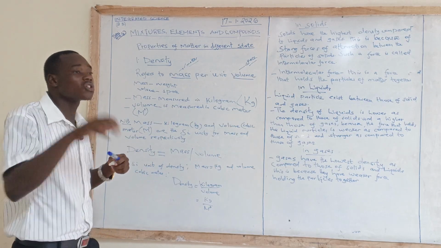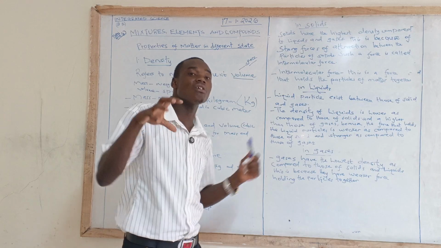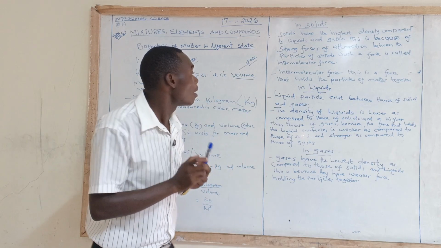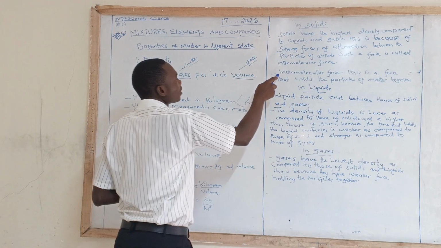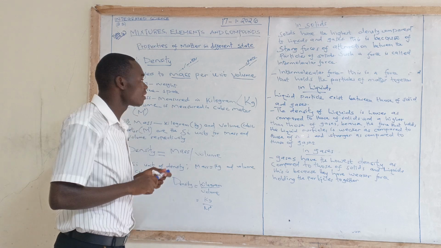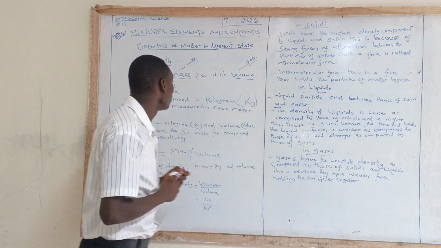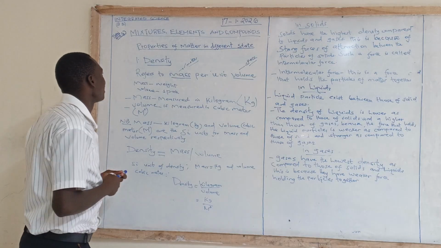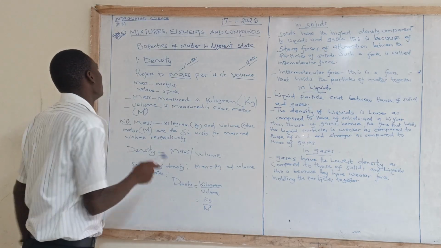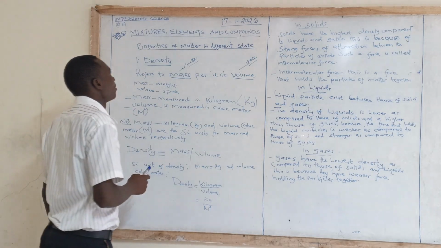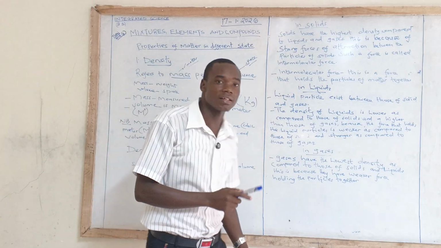So you realize that stone particles are strongly held together by a force called intermolecular force, giving them a higher density compared to those of liquid and gases. So I hope you've understood that. That is property number one, that is density. Properties of matter in different states.